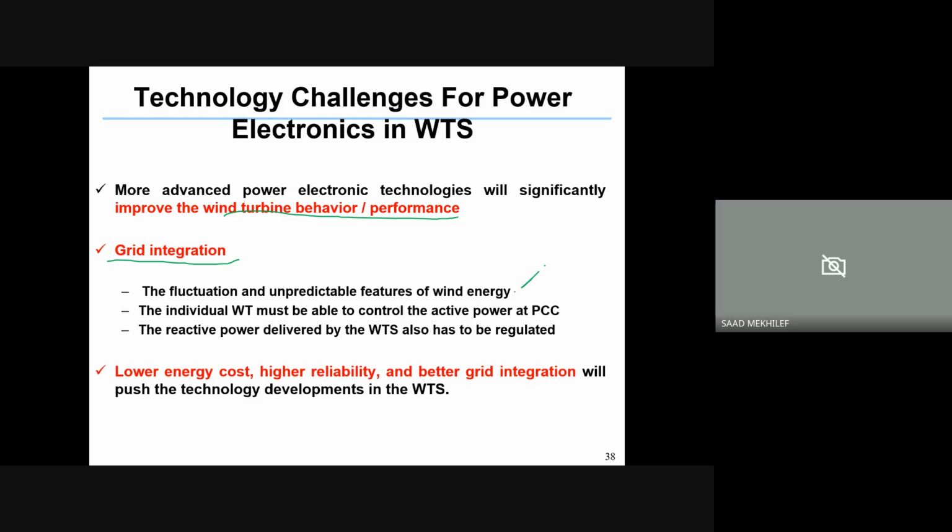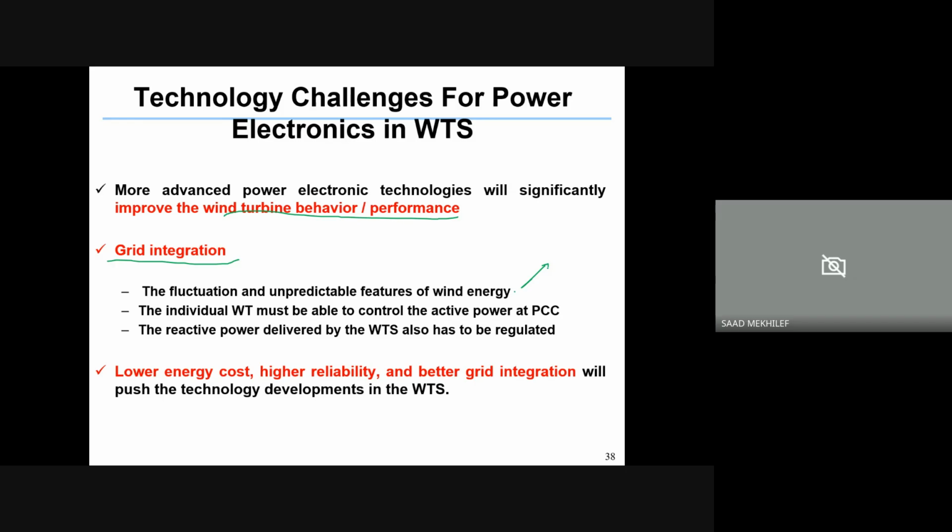This can be addressed either with forecasting or prediction, and not only from the source side, but also from the load side. We have quite accurate load predictions because there is a lot of data. However, from the wind, we still need more.